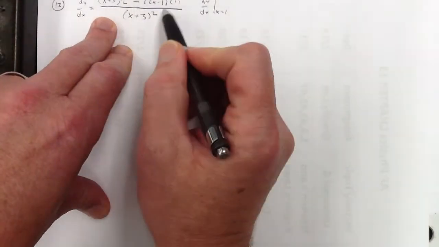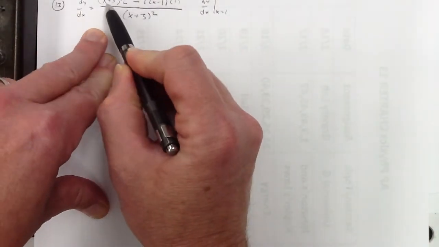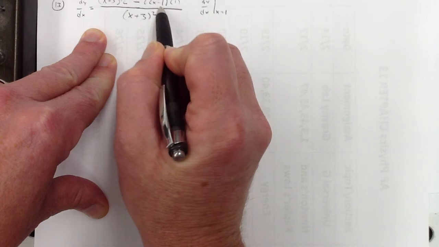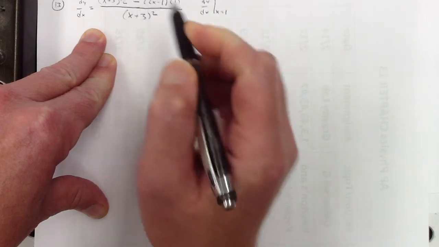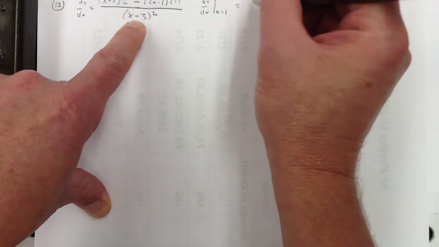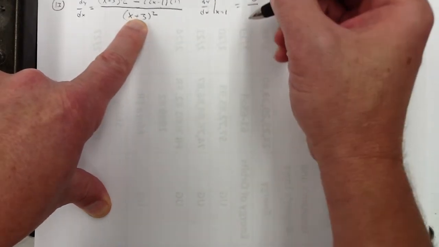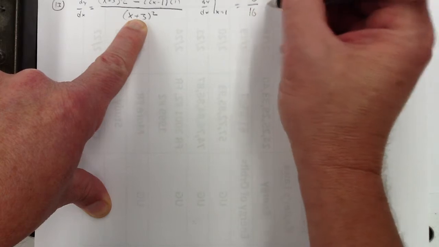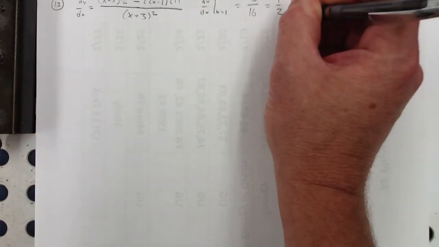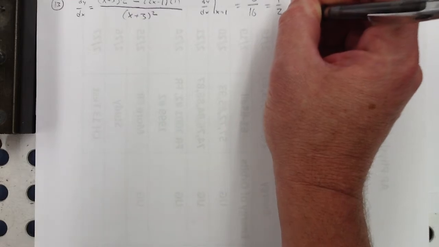You could. You can just plug the 1 into this, whatever you want to do. It looks like this does clean up considerably, you got 2x here minus 2x, so the x's cancel on the top, and I got 6 plus 2, so it's like 8 over that. So 8 over, and then plugging 1 into this, 1 plus 3 is 4, squared is 16, which reduces to 1/2, which is not the correct answer.